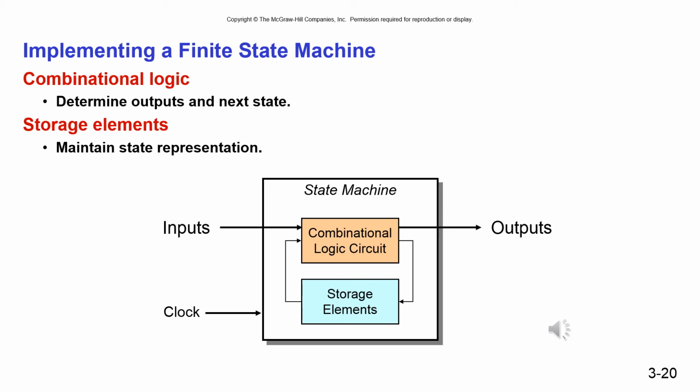The combinational logic circuits are used in determining outputs and the next state. The storage elements maintain state representation, and the clock, of course, is the composer. It manages the increment of time necessary for changing from one state to the next.